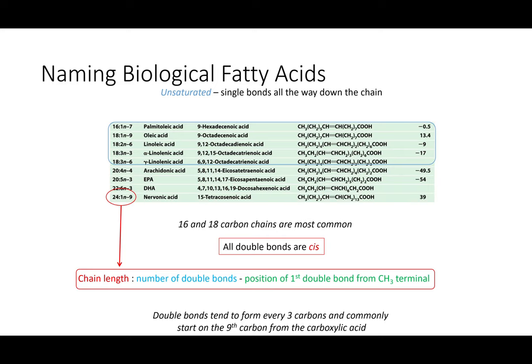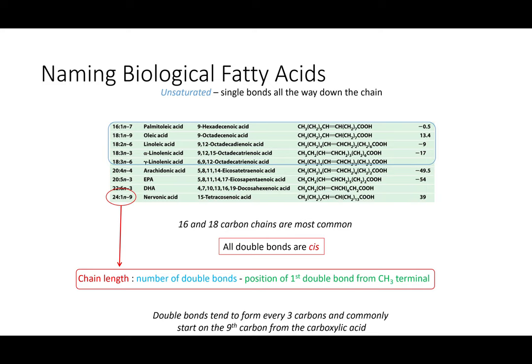Okay, so the nomenclature. We could name these as chemists, but we won't, because that tends to be a little more complicated. Or we can name them as biochemists, because the naming convention is easier, since there are fewer things to worry about. There are themes in fatty acids in biological systems, and those themes are pretty simple.